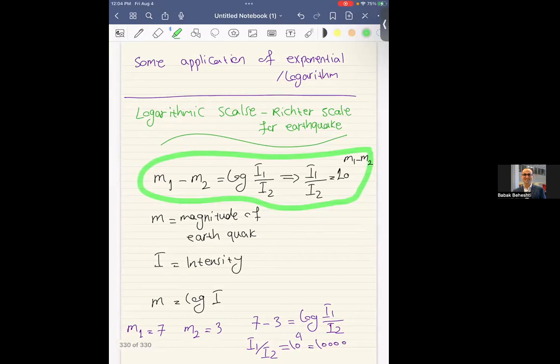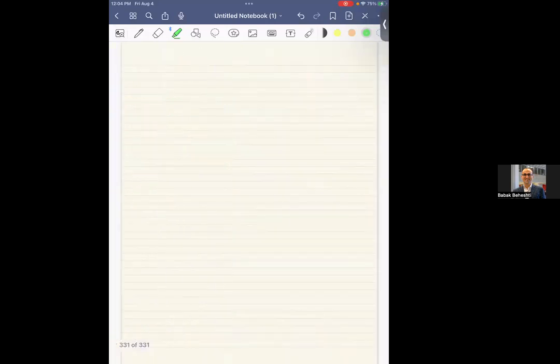You use the same thing, a logarithmic scale, for the pH scale, acidity or alkalinity. Let me draw it.